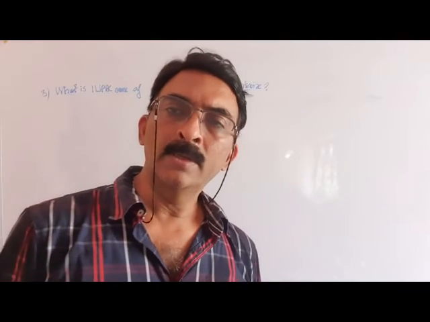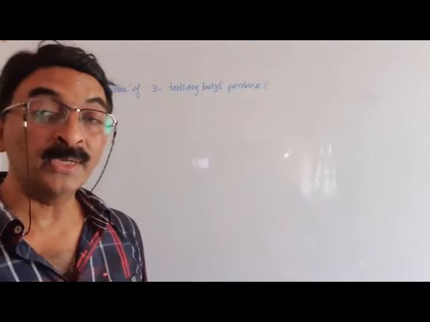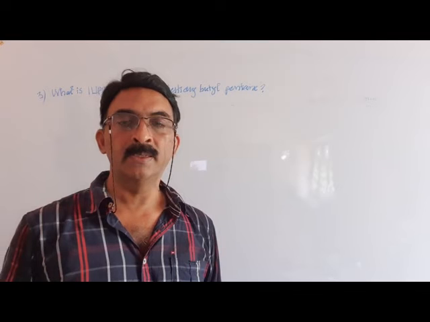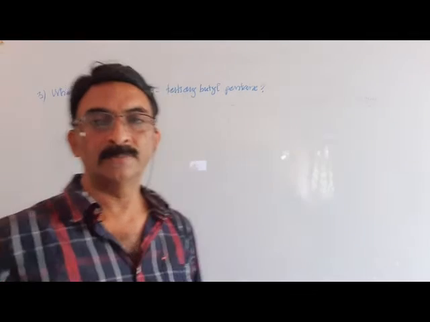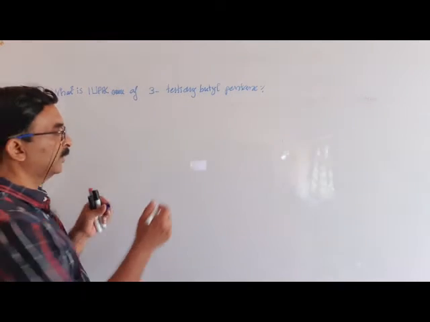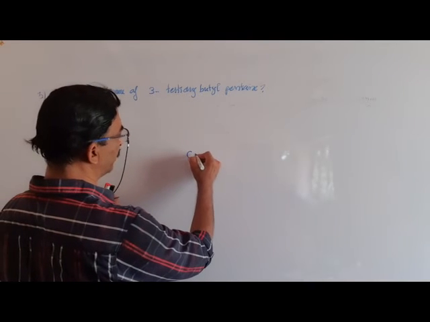Fifth question. What is the IUPAC name of 3-tertiary butyl pentane? Okay. Try it. Okay, first we draw 3-tertiary butyl pentane.